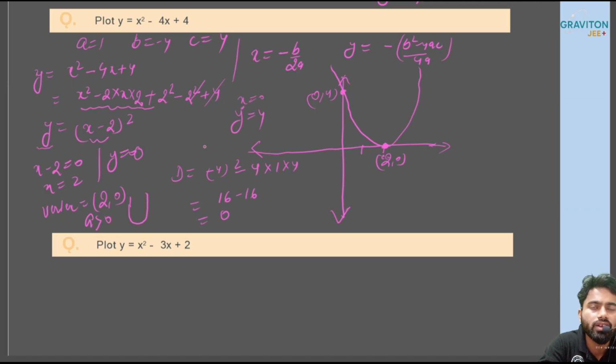Here, if we put y equal to 0, you will get 0 equals x minus 2 whole squared. From here you get x minus 2, x minus 2 equals 0, and you get x equals 2, 2. So it cuts the x-axis at 2, and it is a quadratic polynomial, so it has two roots. So 2 comma 2, it has repeated roots, right?